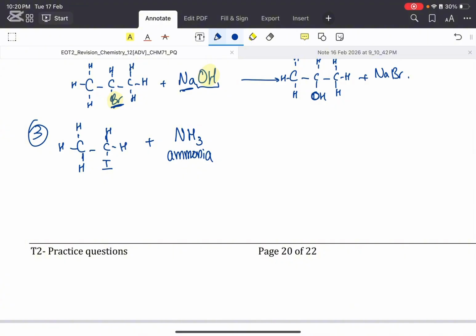Okay? Now, what's going to happen is the following. I'm going to draw ammonia in this way. Okay? So, the iodine here and one of the H's, they join together to form HI, a compound.